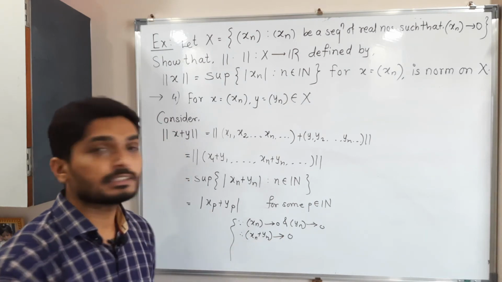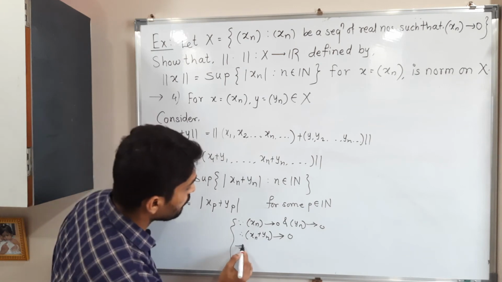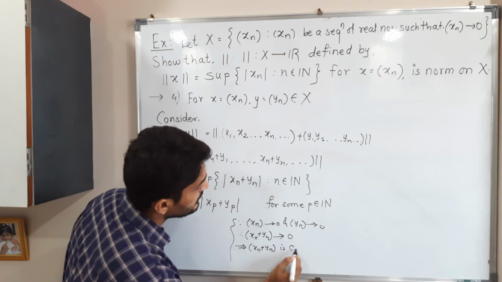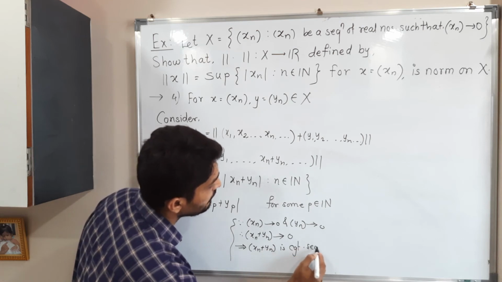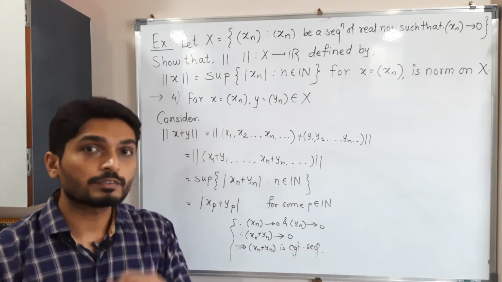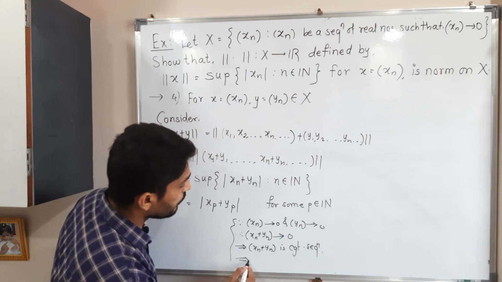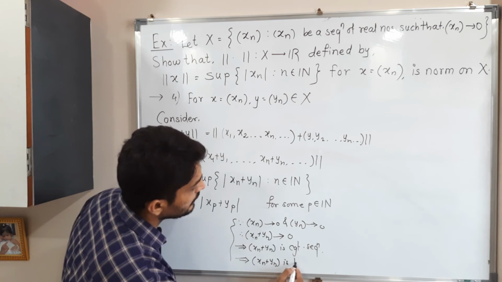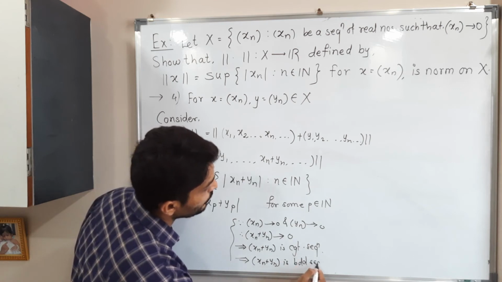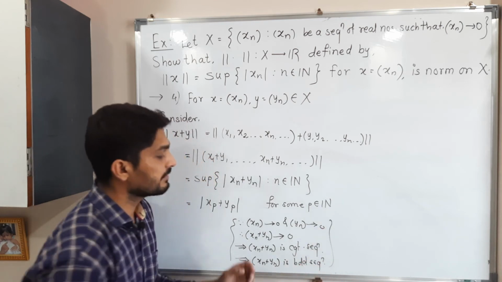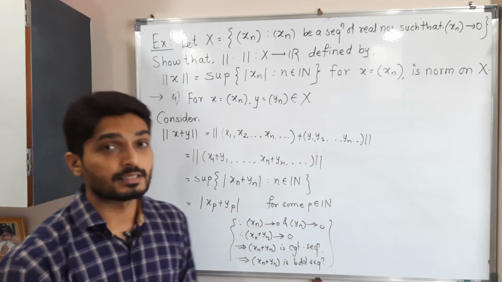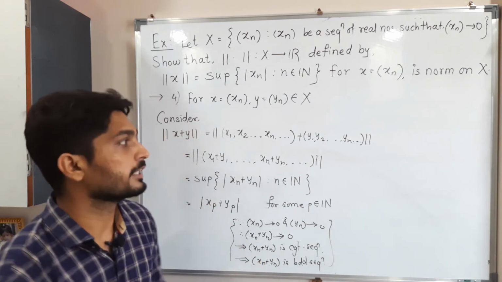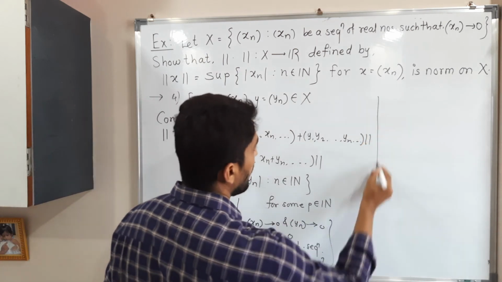So this is a convergent sequence. And you know that every convergent sequence is bounded. So therefore xn plus yn, as we have seen in FYBSc, is a bounded sequence, and if it is a bounded sequence, that's why the supremum exists. That's why I could write supremum. It has some supremum, we can definitely declare, since it is a bounded sequence.